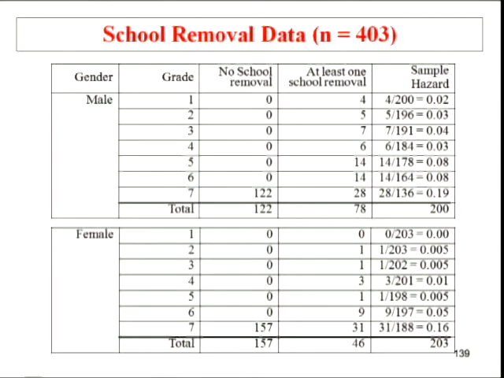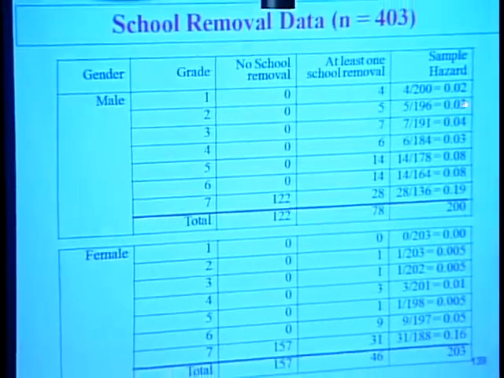Among the surviving 196, 200 minus 4, that have not yet experienced their first school removal, 5 experience school removal in grade 2. So the 196 is considered the risk set, which is a different set of individuals than at the beginning of grade 1. So 5 out of 196 is then the sample hazard.